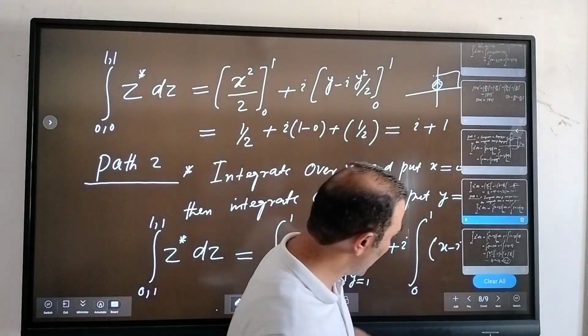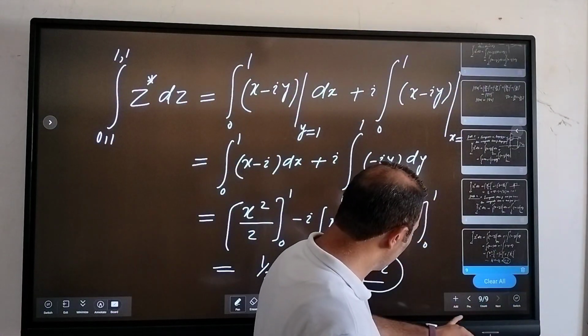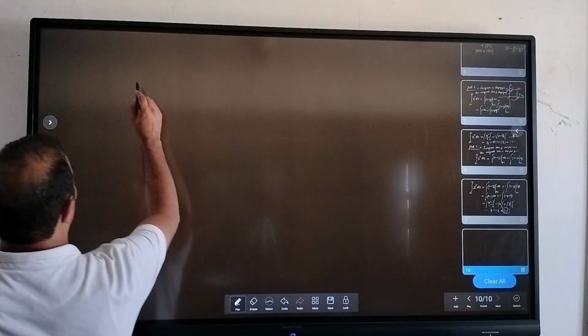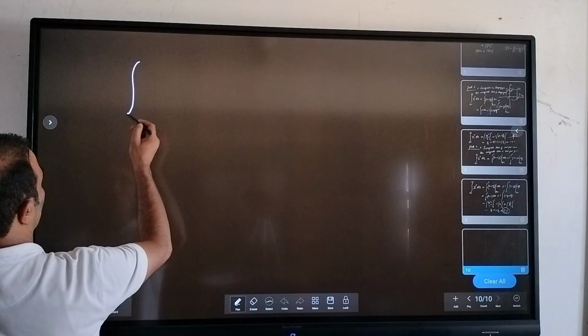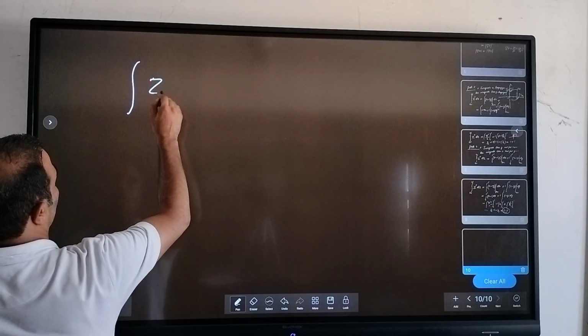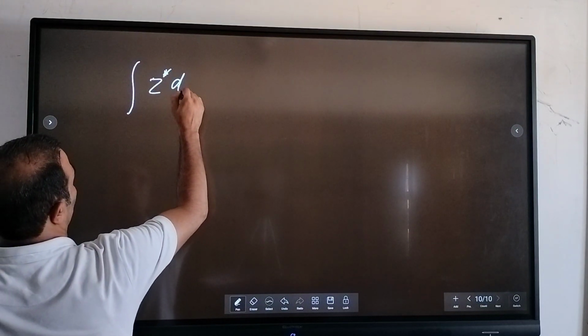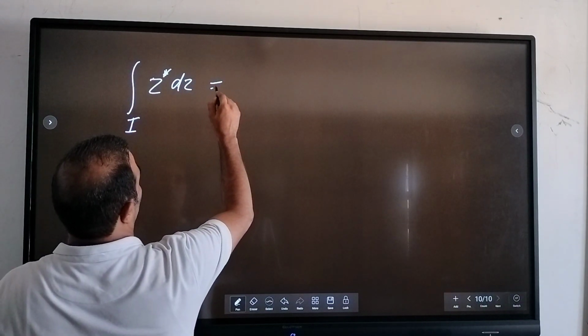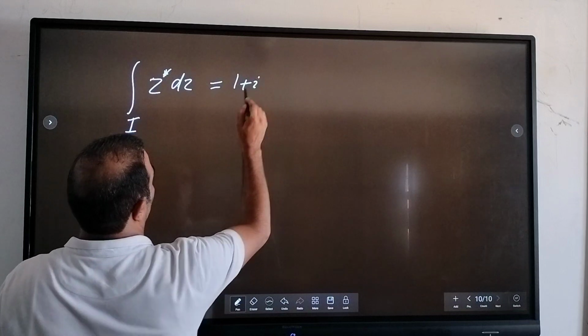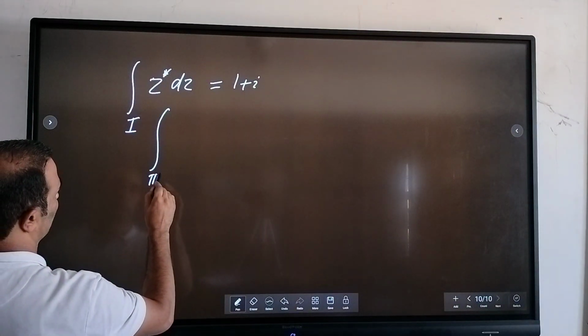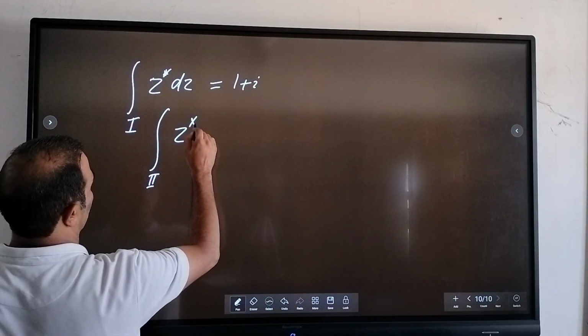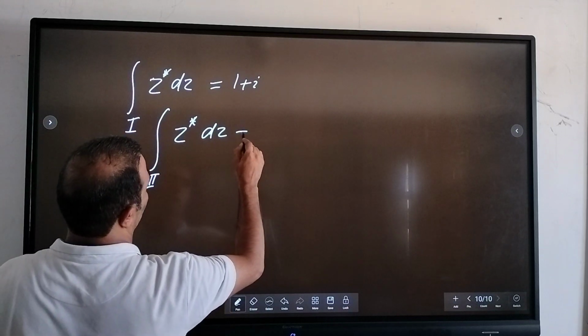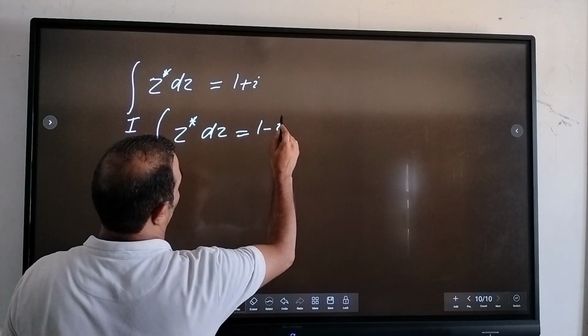So we can say that the integral of z star dz through path first is 1 plus iota, and the integral of z star dz through path second is 1 minus iota, right?